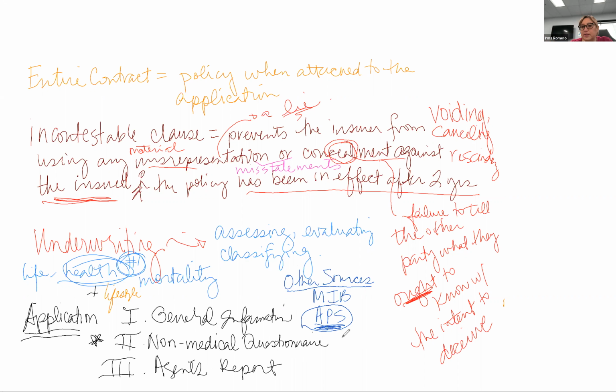But other sources would include a paramedical exam. What's a paramedical exam? Well, not so much like going to the doctor, but you have companies like EMSI, I think they're actually out of business, APS, Exam One. A lot of this is changing because of COVID, but we're just going to talk about pre-COVID.